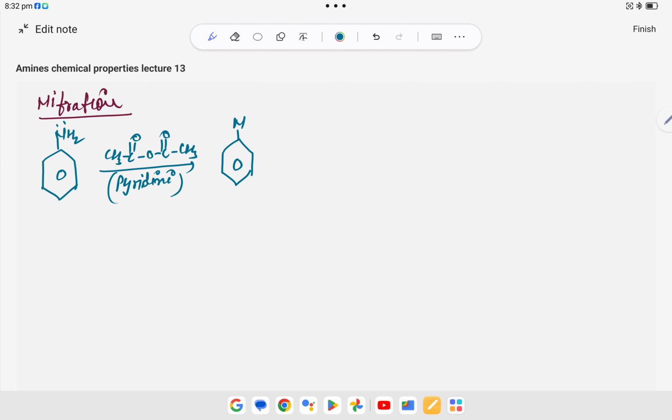Same: NH, C double bond O, CH3 is generated. Then HNO3, H2SO4, NO2 plus electrophile is generated.